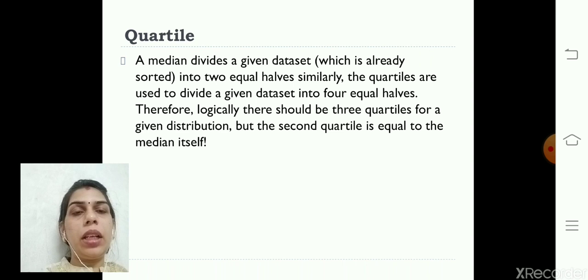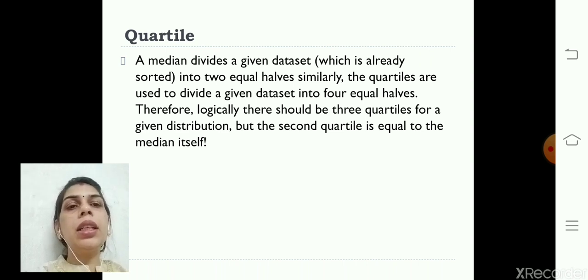Then what is quartile? Quartile is same as median. As median divides the data set into two equal parts, quartile divides the data into four equal parts. As we can see in the definition of quartile, a median divides a given data set into two equal halves.